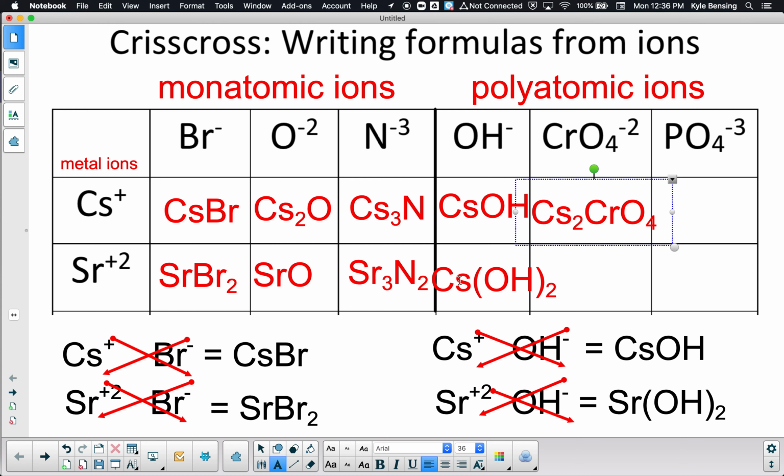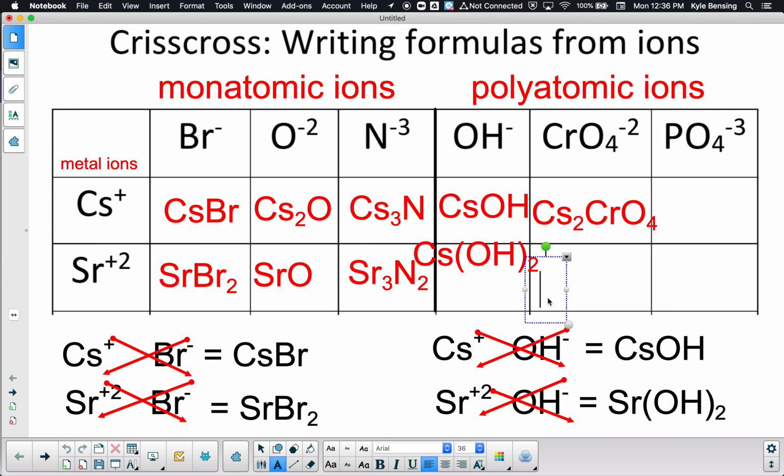What happens if we have, and I'm going to move this one up a little bit so it doesn't get in the way, and give myself a whole lot of room here. Now, one more example, and we'll see how you guys do with this. If I have Sr with a +2 and I got a -2, then it's just like this one where we had the +2, the 2 comes down here, and the 2 comes down here.